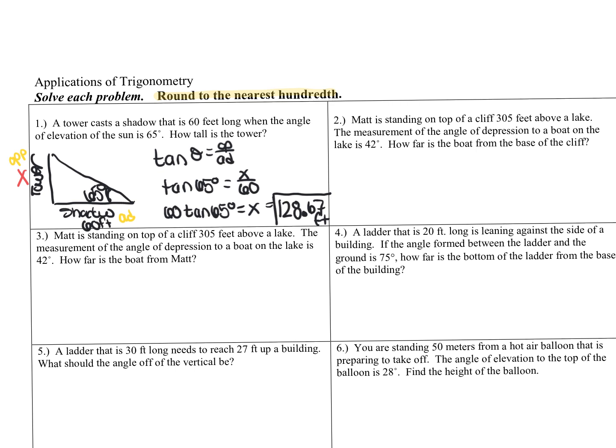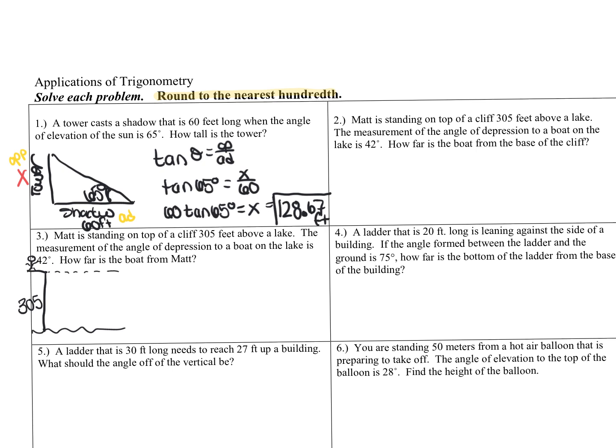So number 3 says Matt is standing at the top of a cliff that is 305 feet from the lake. So here's a cliff. Here's Matt. He's chilling. This cliff here is 305 feet, and the lake is down here. It gives the measurement of the angle of depression.